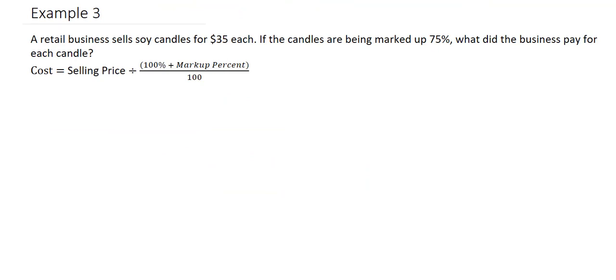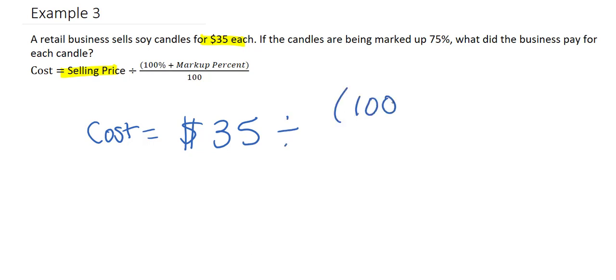Example 3: a retail business sells soy candles for $35 each. If the candles are being marked up 75%, what did the business pay for each candle? So we have the cost, right, which is equal to the selling price, which is $35, divided by 100% plus 75%, because we got this from here.